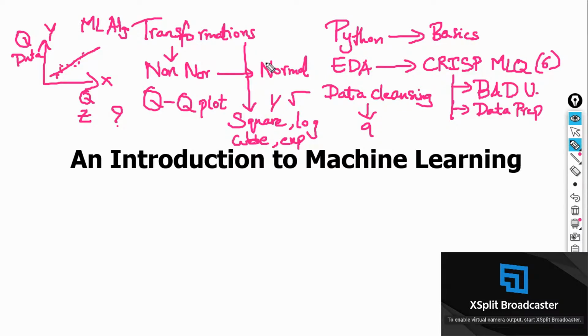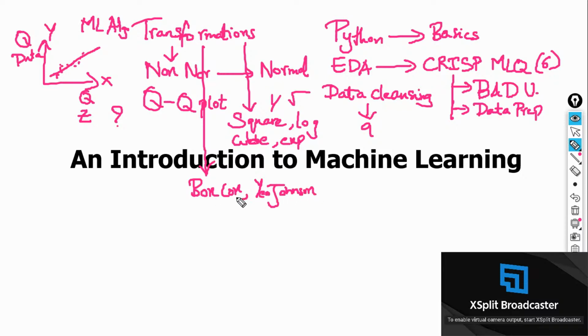So in order to automate the transformation process, we also understood two types of automated transformations. What are they, friends? Box-Cox and Yeo-Johnson. Right?